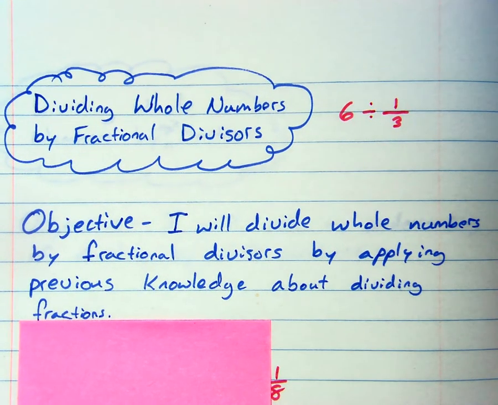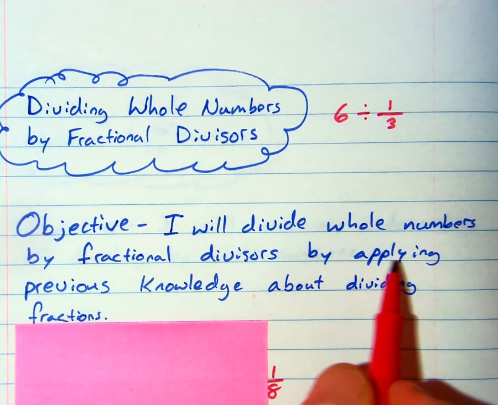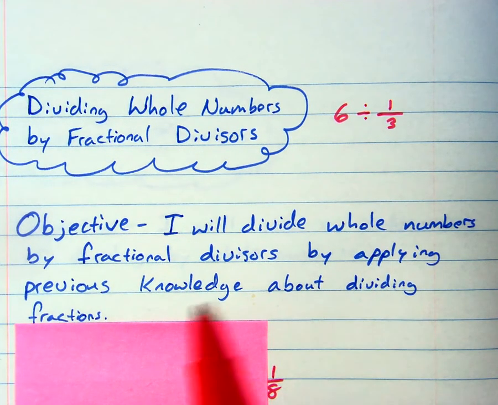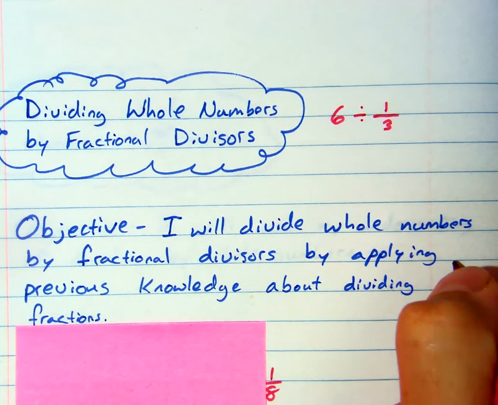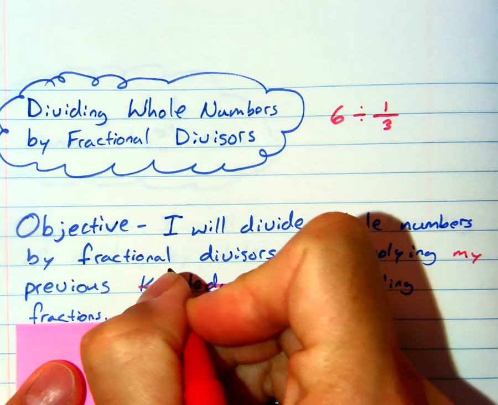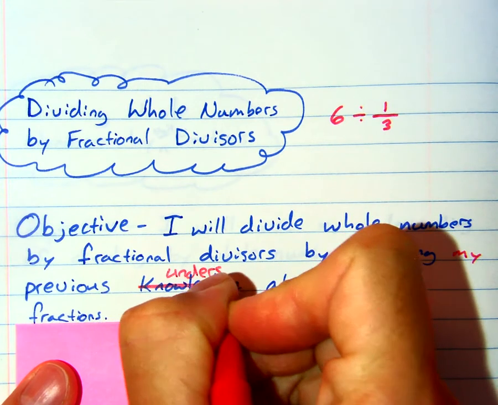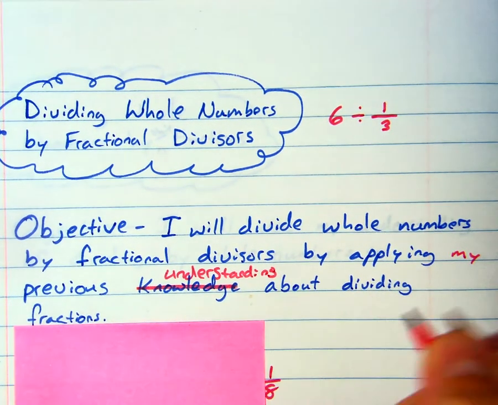I will divide whole numbers by fractional divisors by applying previous knowledge about dividing fractions. I think it should be by applying my previous knowledge. Let's change that to understanding. Alright, let's do it together.